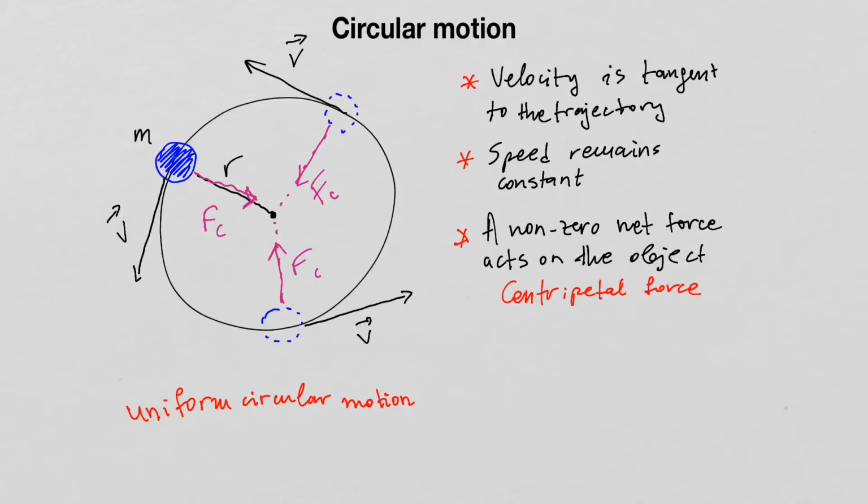So this is very important because the direction in which the force points makes the object constantly turn around the center of the circle. And so the centripetal force always points towards the center of the circle.